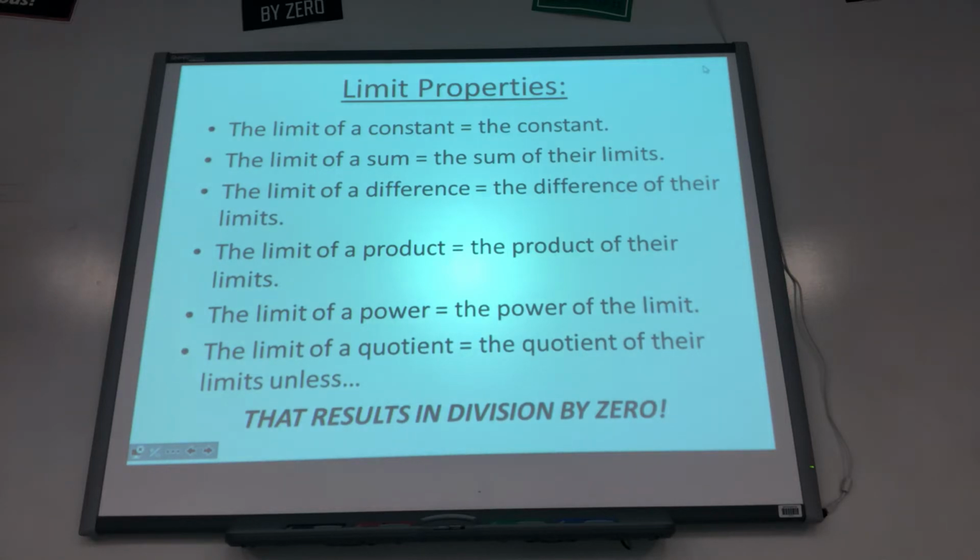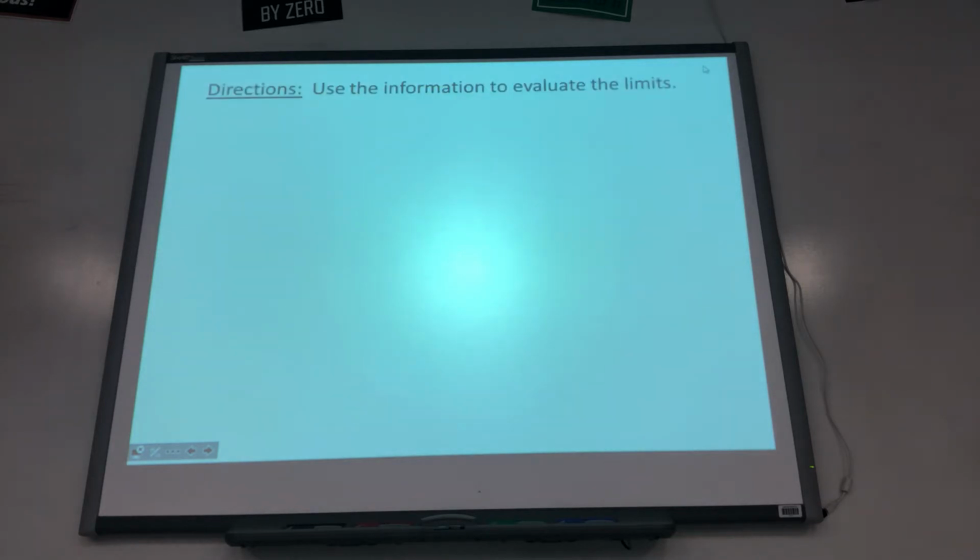Okay, now I think you'll find the next few examples pretty easy once you see how they work. We are going to use these properties here. The directions just say use the information to evaluate the limits.